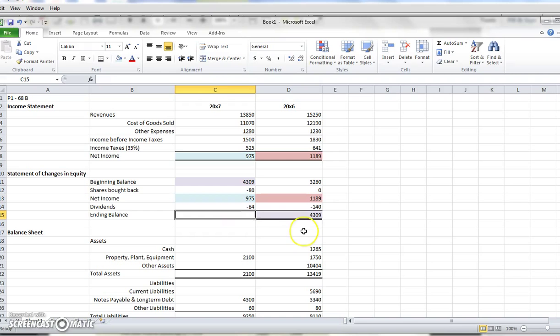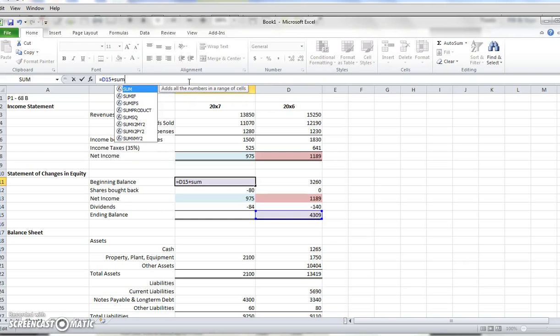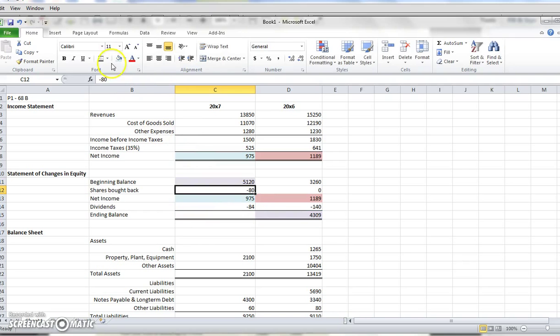So here we are. What is the ending balance? Let me see if I can calculate that.